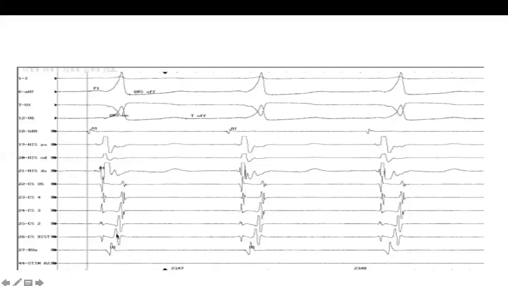So distal CS has the earliest ventricular activity. Right. Now, why do we have this in this patient or in this electrogram? We could see that the ventricular electrogram is bigger than what we have seen a while ago.